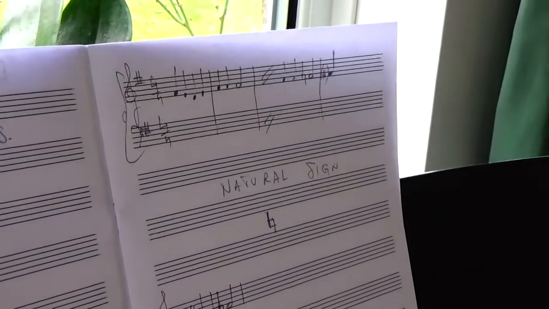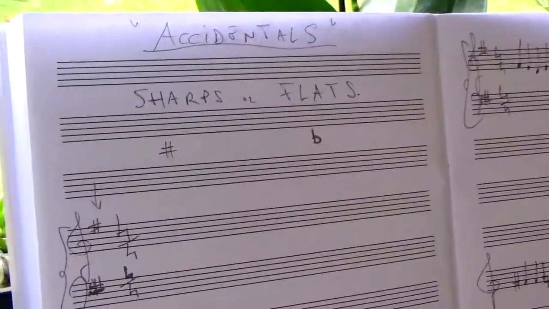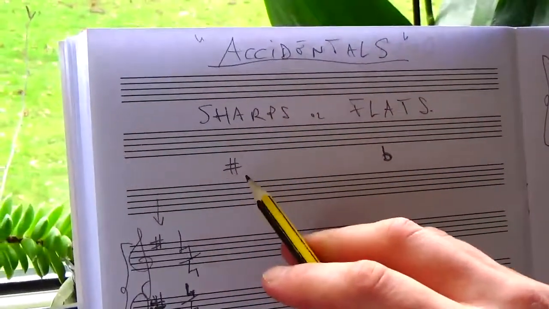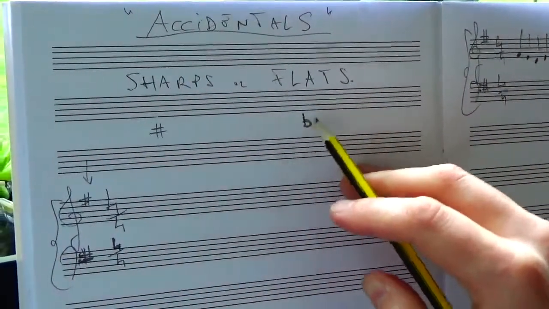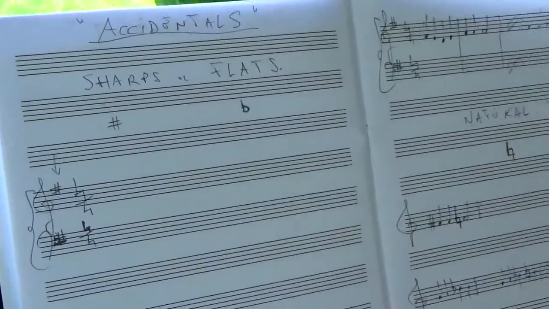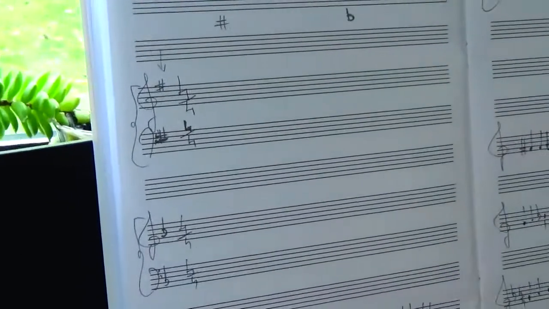Obviously, let's re-simplify. Today what did I explain? I explained the accidentals. The two main accidentals are the sharp sign, expressed by this sign, and the flat sign, expressed by the B. The most basic use is the one of the sharp or of the flat along the melody, along the song.